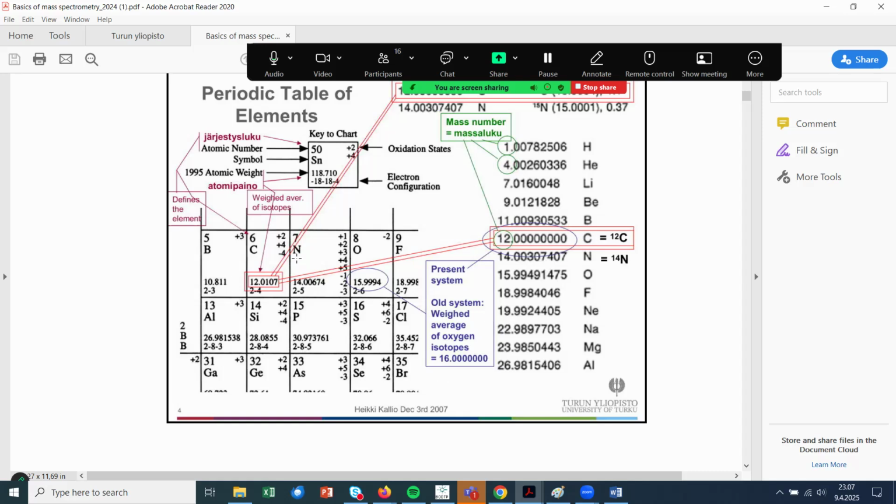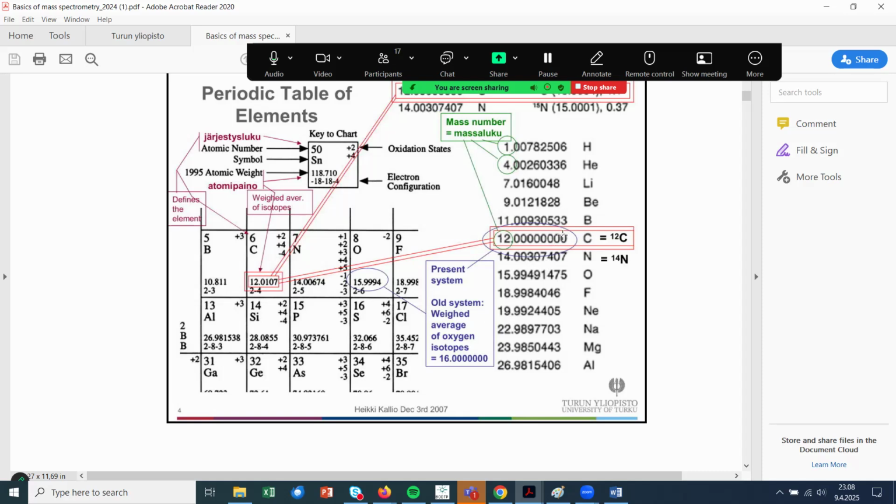So in the case of carbon, we have in nature both the carbon-12 isotope and the carbon-13 isotope. But there's much more carbon-12, and that's why the weighted average of carbon shown in the table is only slightly more than 12.